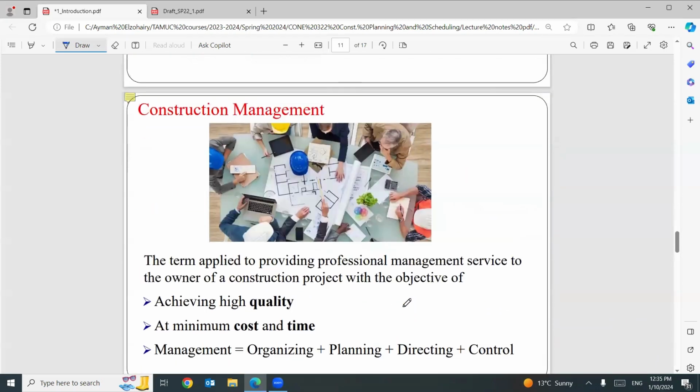To be more specific, in construction management, we are using management in construction to achieve high quality, minimum cost, minimum time. And keep in your mind, management in construction means organizing, planning, directing, control. So good management means success. Bad management means failure.